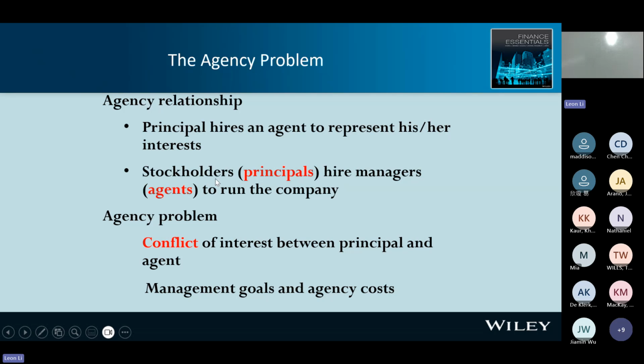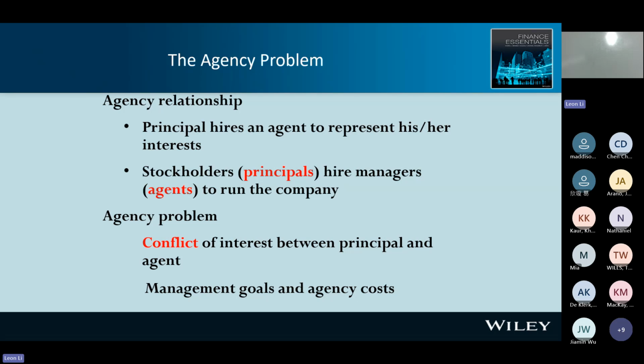So the stockholder, the principal, hires a manager to run the company. And then you can see the separation between principal and agent. Then we have the agency problem. There's a conflict of interest between principal and agent. And because of the conflict, we have the agency cost.